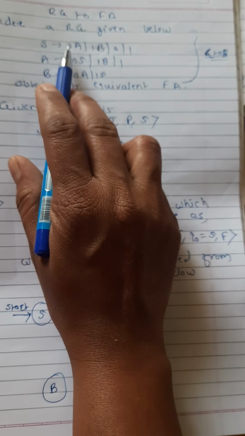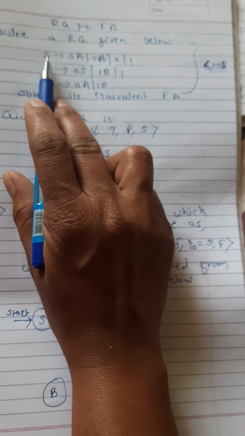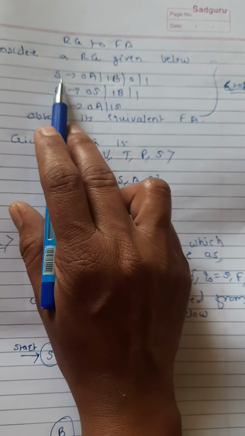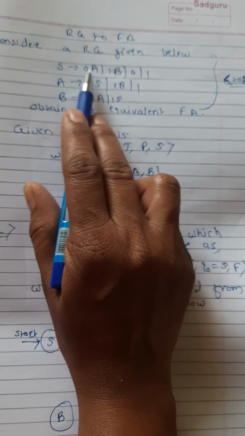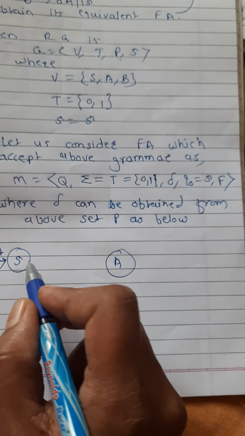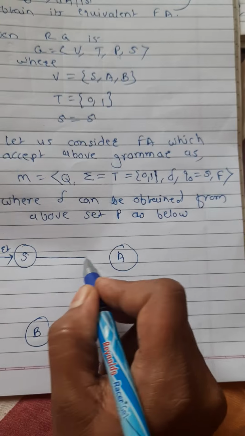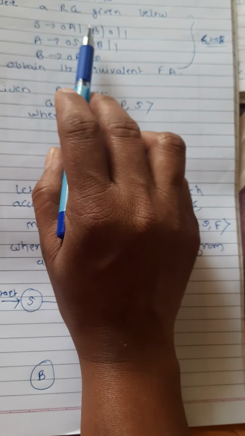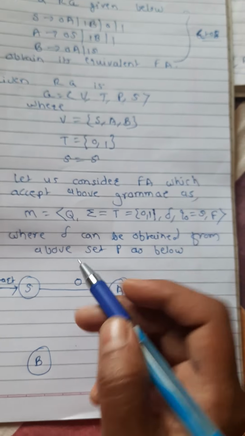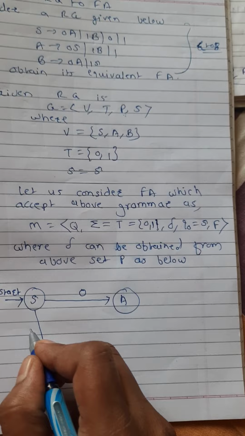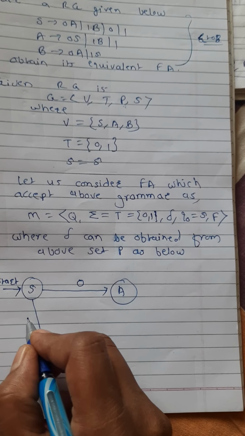Then consider the transitions having such a format. What is the meaning of this? S gives 0A means from S to A there is a transition on 0. So draw that in the diagram: S to A on 0, then S to B on 1. So draw accordingly in the diagram, S to B on 1.